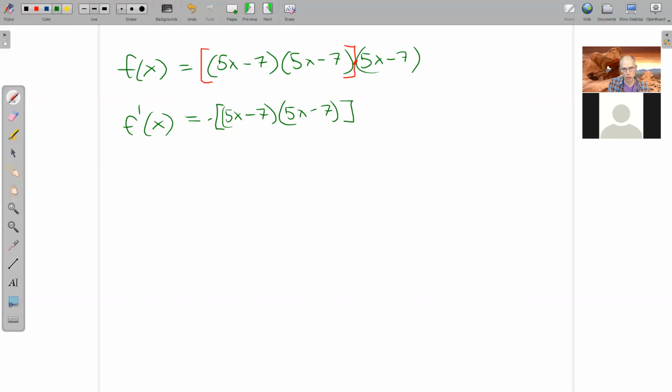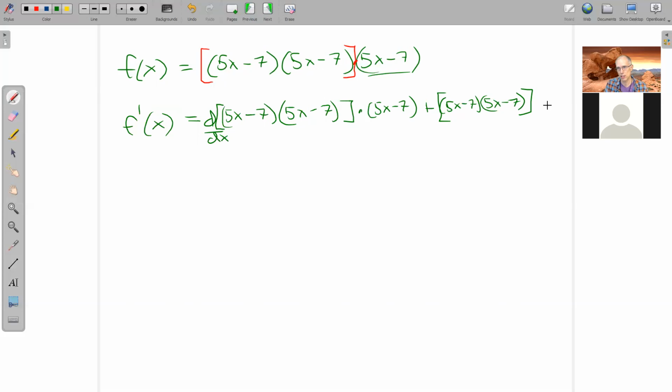I'm going to make a note that I need to take that derivative, multiply that by the second function, which is just that one right there, and then add that to leave the first function alone. So that's just going to be the 5x minus 7 times 5x minus 7. That's my first function here, right? I isolated it, times the derivative of the second function.